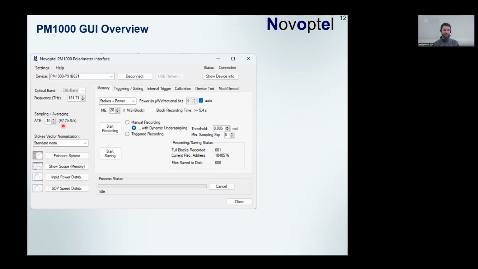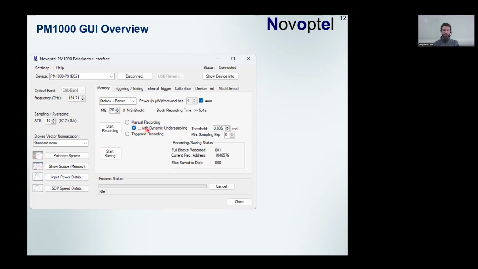So we reach 97.7 kilosamples per second. You can then define the block size. In this case, memory exponent is 20, for about 1 million samples per block. And then you can go on with one of the recording types to record the data in the memory and afterward transfer it.